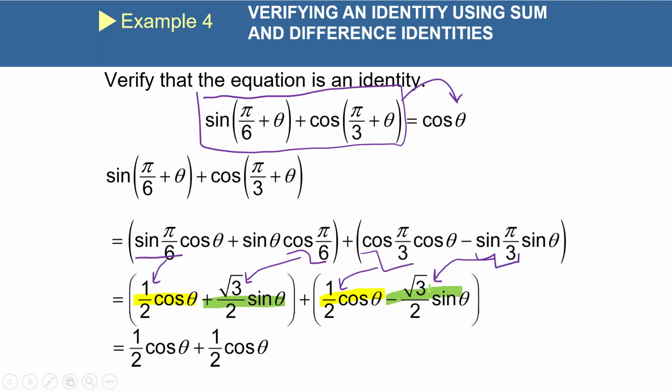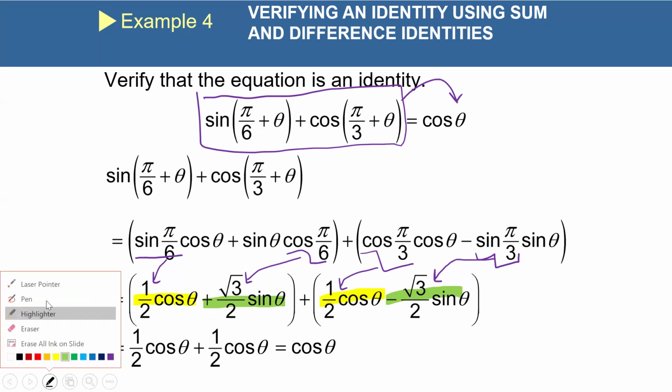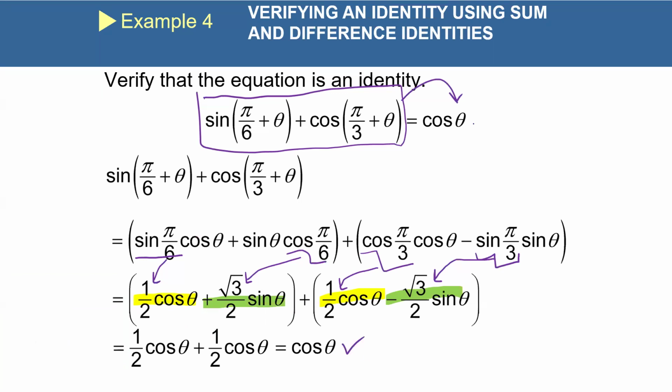When we combine our positive and negative square root of 3 over 2 sine theta, they are going to cancel out. And we're just left with 1/2 cosine theta plus 1/2 cosine theta. And 1/2 plus 1/2 equals 1. So wham, bam. We have now proven using our sum that this is equal to cosine theta. All right, that concludes 5.4. Complete your work.